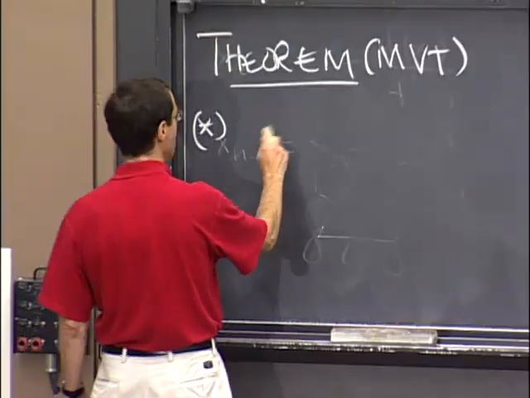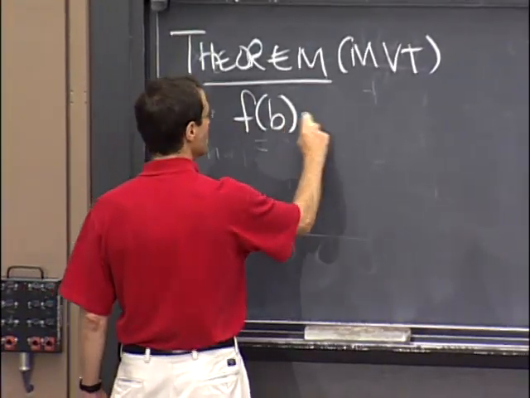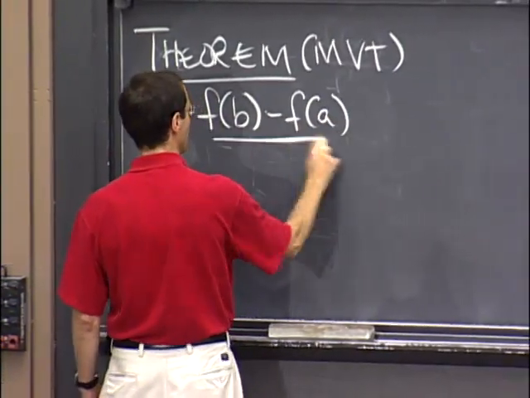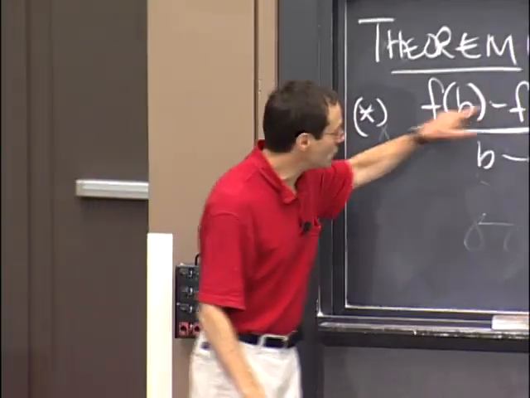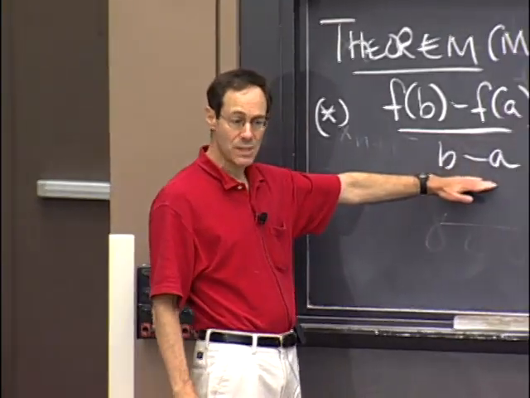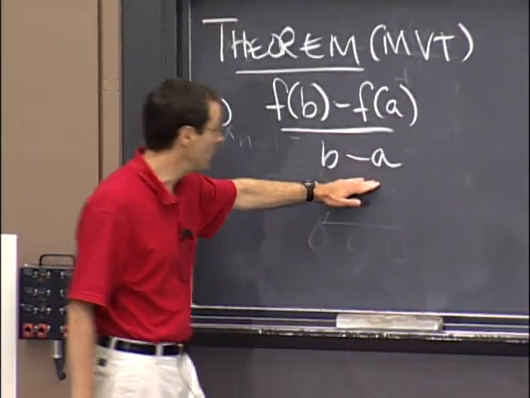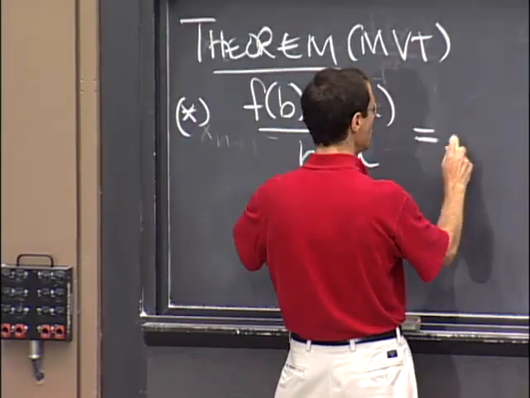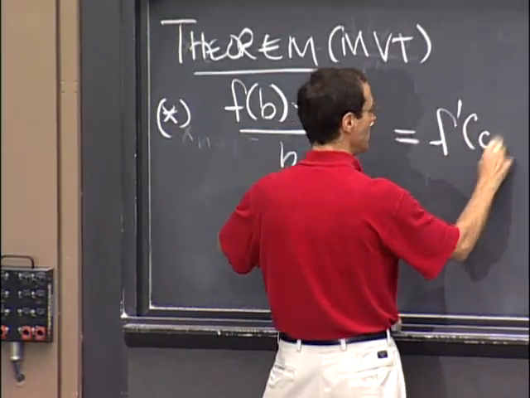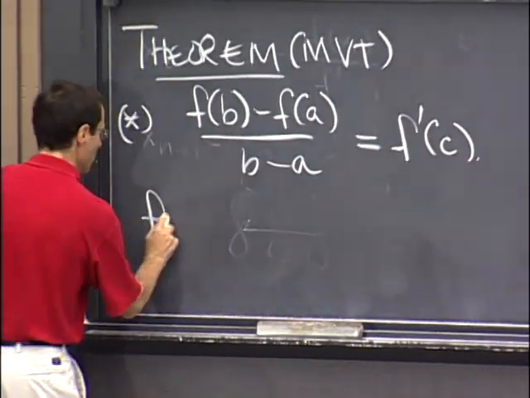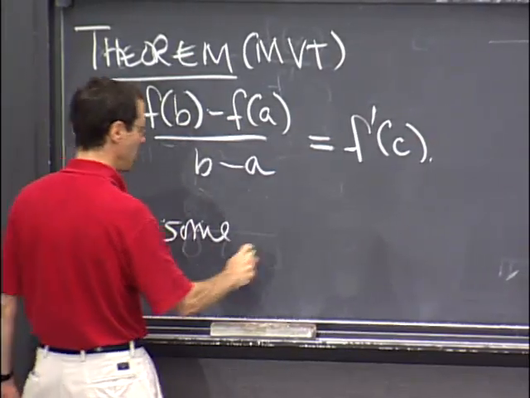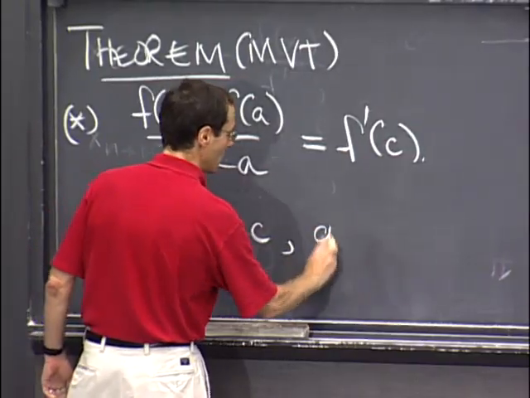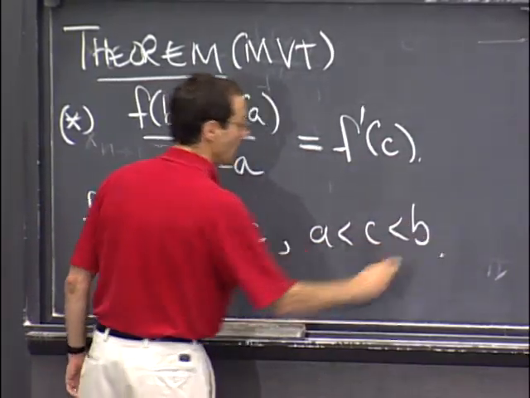It says that the difference quotient, so this is the distance traveled divided by the time elapsed, that's the average speed, is equal to the infinitesimal speed for some time in between. So some c, which is in between a and b.